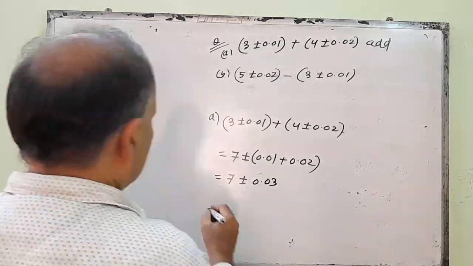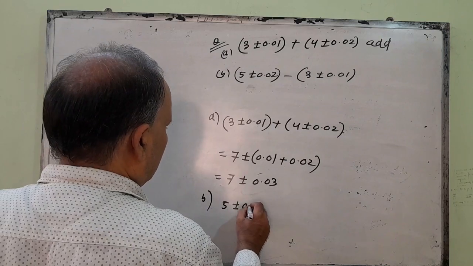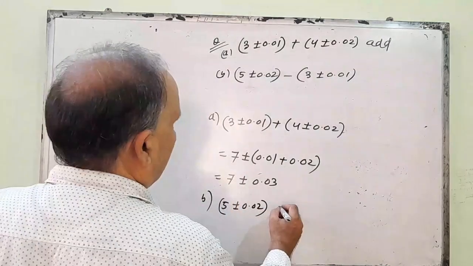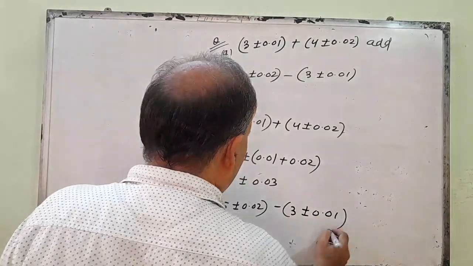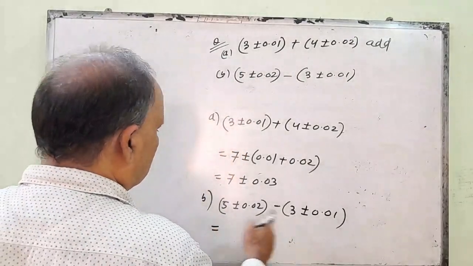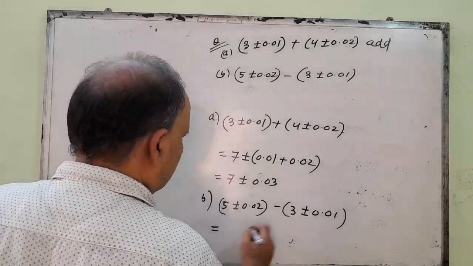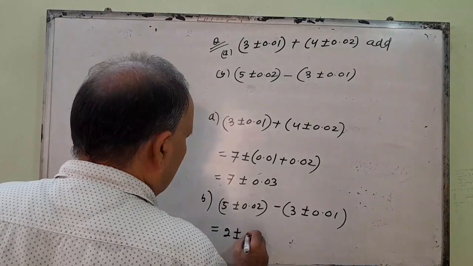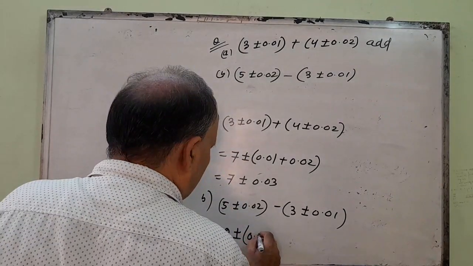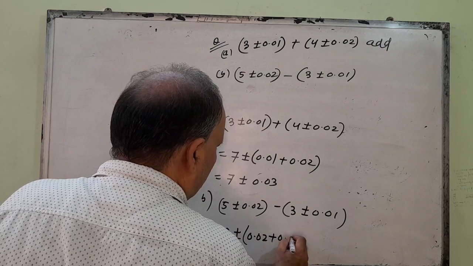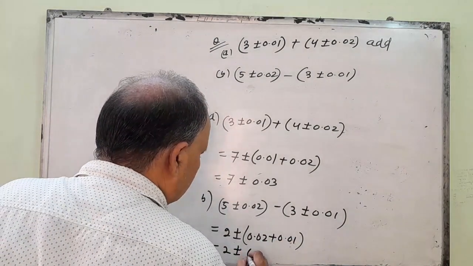In case of subtraction, that is 5 plus minus 0.02 minus 3 plus minus 0.01, what will we do? You subtract mean value from mean value, that is 5 minus 3, that is 2. But you add the error terms, that is 0.02 plus 0.01, so the answer is 2 plus minus 0.03.